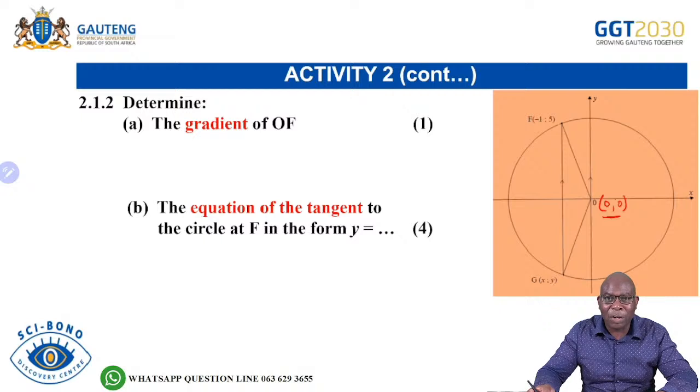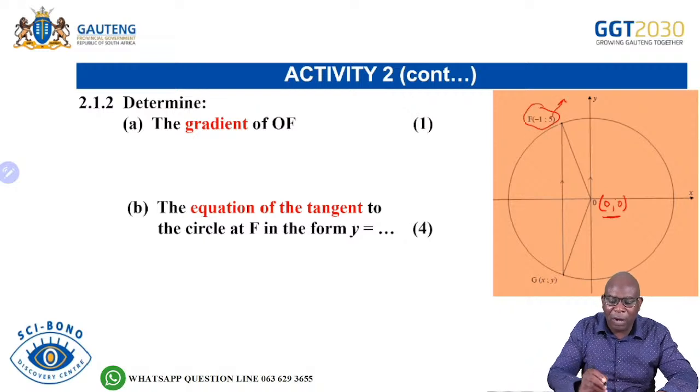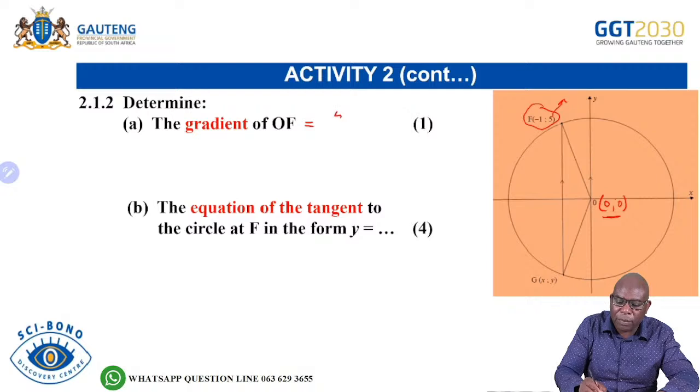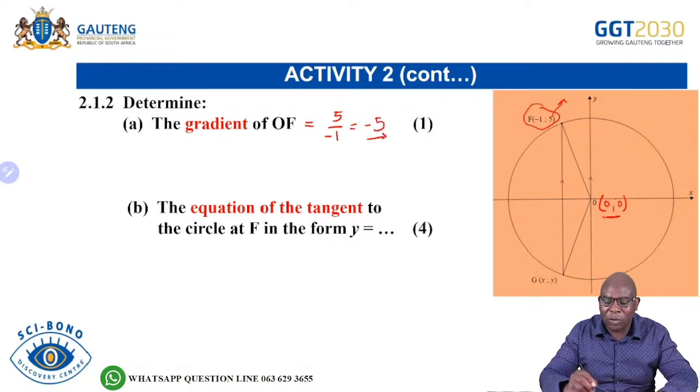So the gradient of that, 1 mark, must not be a problem. So what we do is, we go to F, we write the Y value on top, X value at the bottom, and the answer there will be -5. So the gradient of that will be -5. So for giving us the gradient of that, it's only 1 mark.